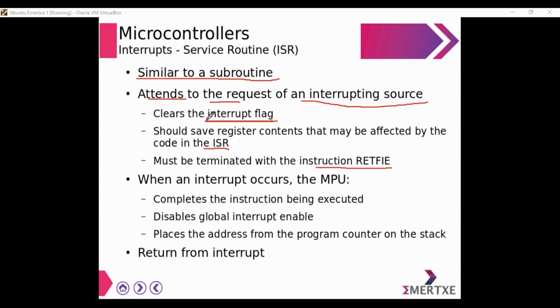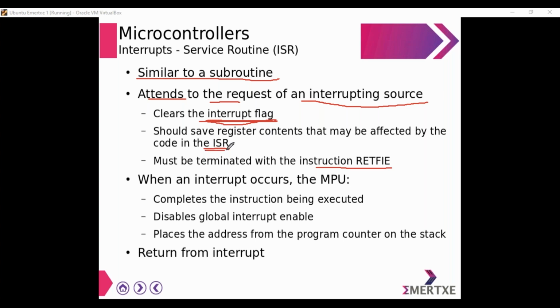We will have something called the interrupt flag. Looking at this, we can decide what the source of the interrupt is. So the first thing your controller does is clear the interrupt flag. There will be an interrupt flag which needs to be cleared.